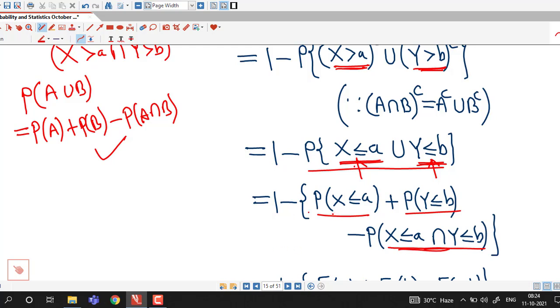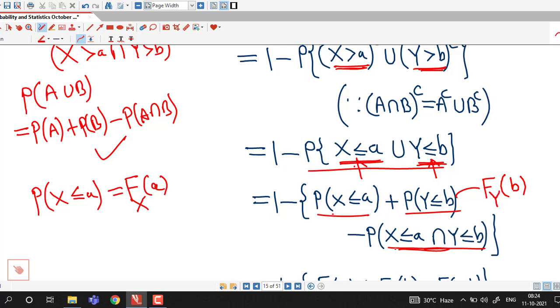Now the first probability, that X is less than or equal to a, is nothing but the CDF of random variable X. Similarly this is nothing but the CDF of random variable Y at point b, and this is nothing but the joint CDF of X and Y at point (a, b).